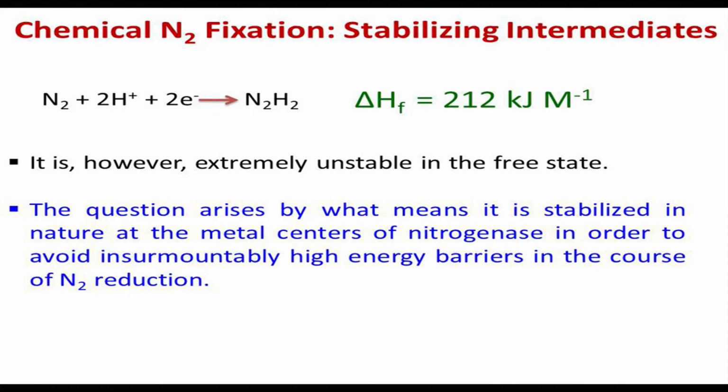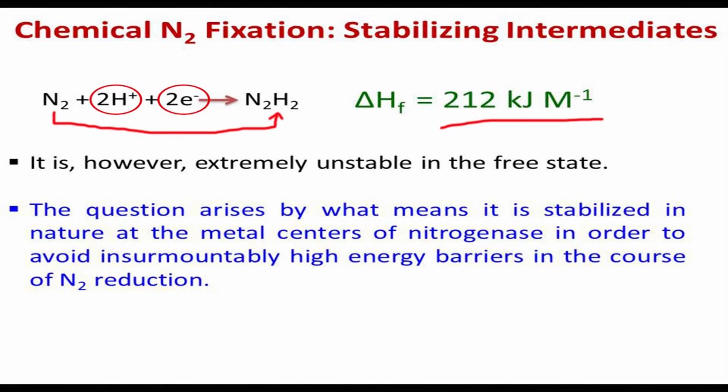So, for example, N2 converting to N2H2 with the help of 2 protons and 2 electrons. Now, as I have discussed, this is an extremely unstable intermediate in the free state. Delta Hf is 212 kilojoules per mole in the free state. Now, can this intermediate be stabilized in the presence of a metal?